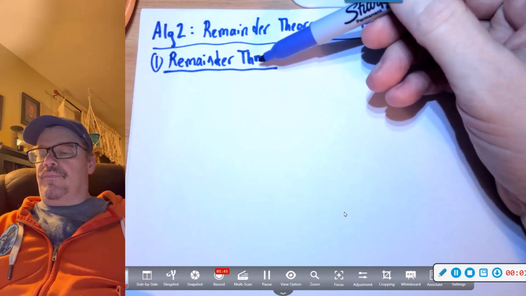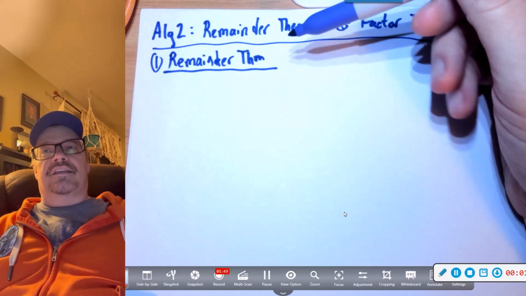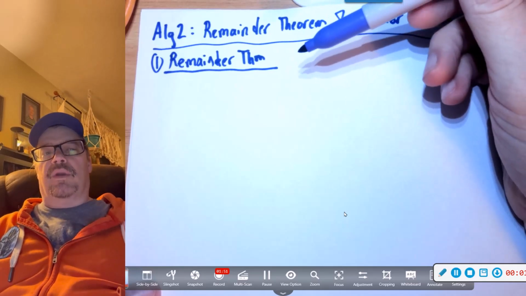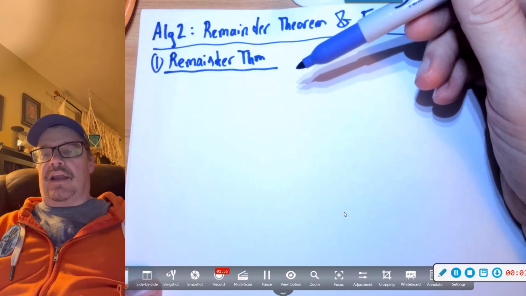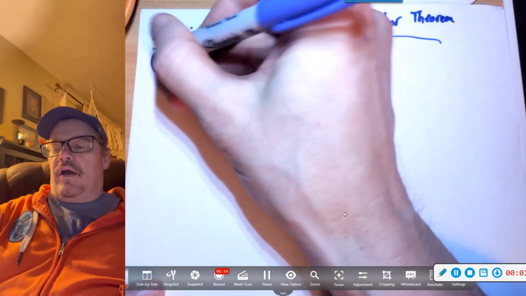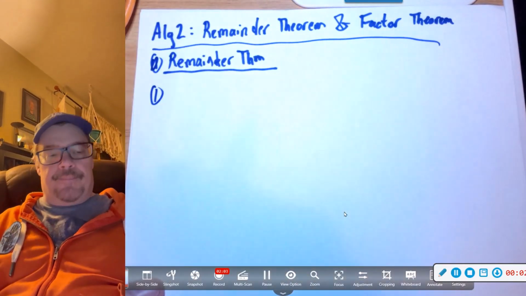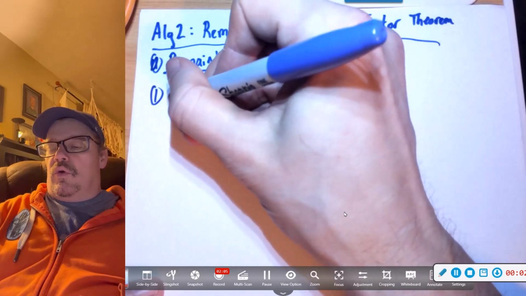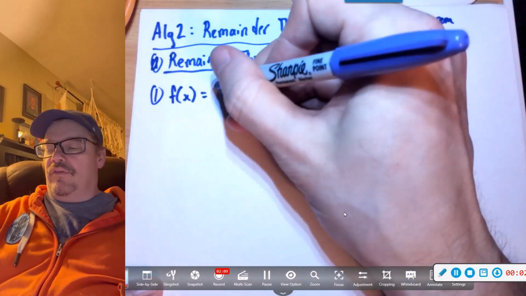So the remainder theorem is a unique thing that is kind of crazy how it works, but it allows you to really do something kind of amazing, and I'm going to show you what it will do. What it will do is take a very long polynomial function.